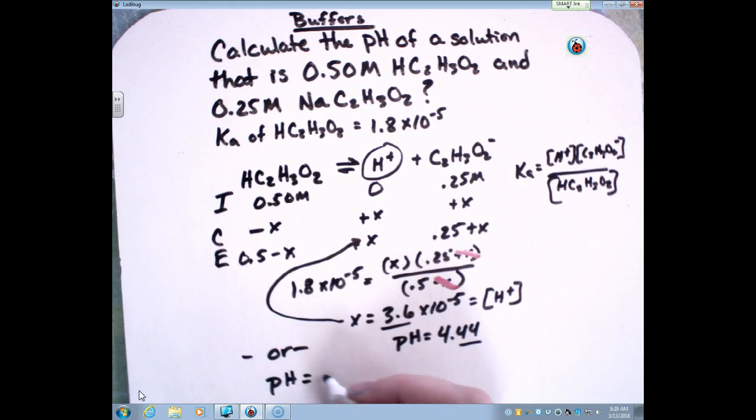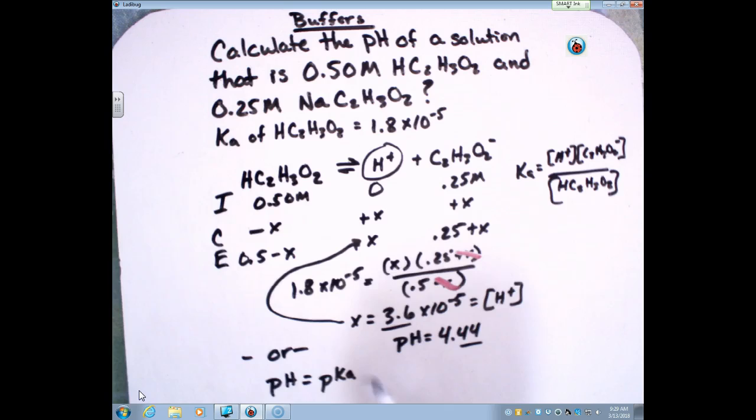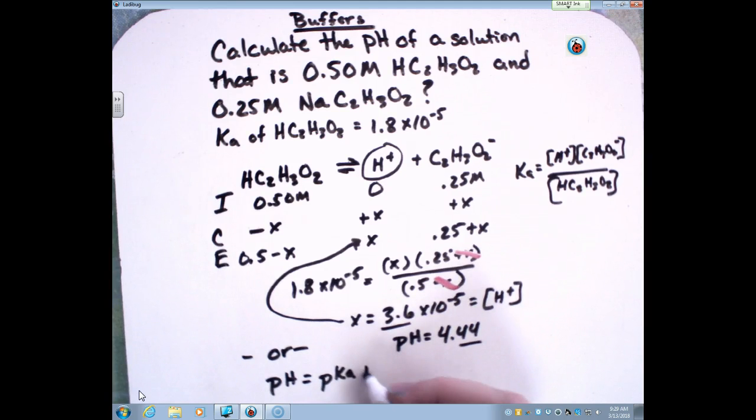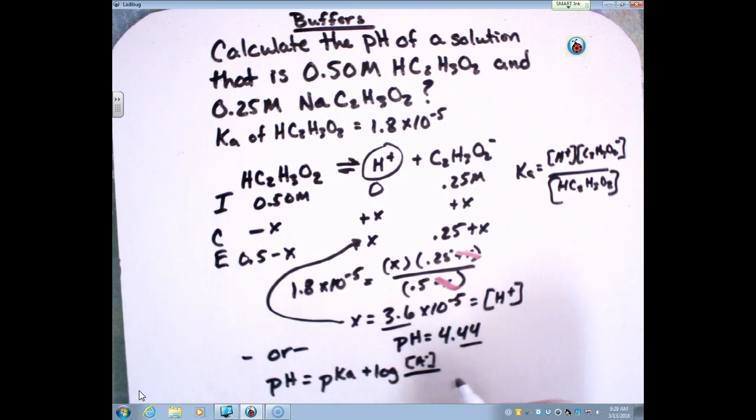pH equals the pKa. All right, so just like pH is the negative log of the hydrogen ion concentration, pKa is the negative log of the Ka, plus log of our ion, whatever that ion happens to be. In this case, it would be acetate, over the concentration of the weak acid. In this case, it would be our concentration of the acetic acid.